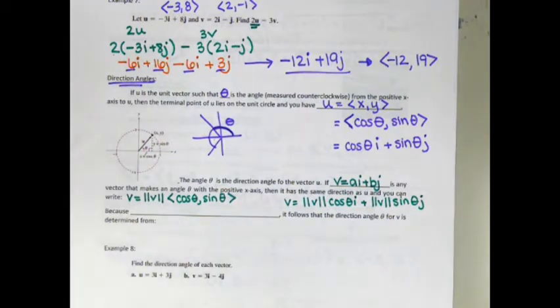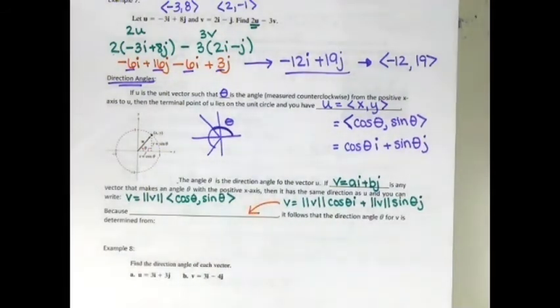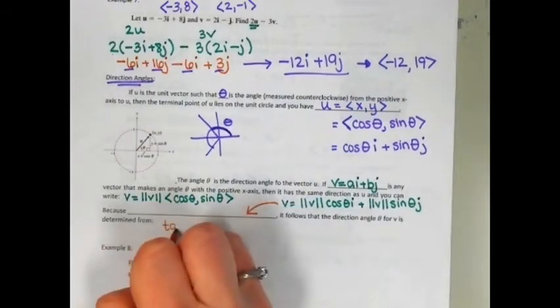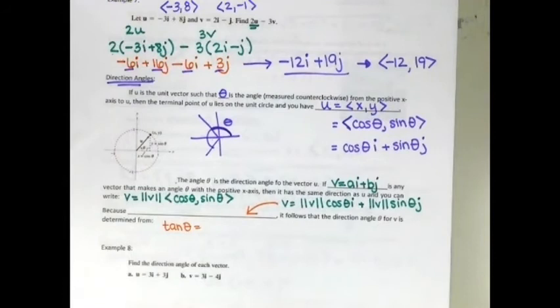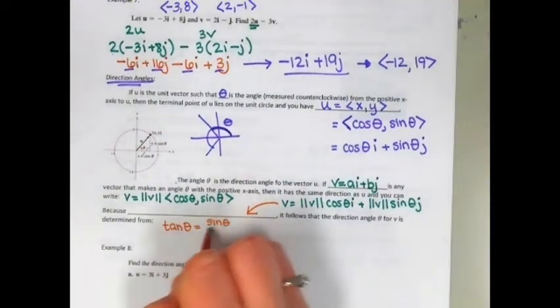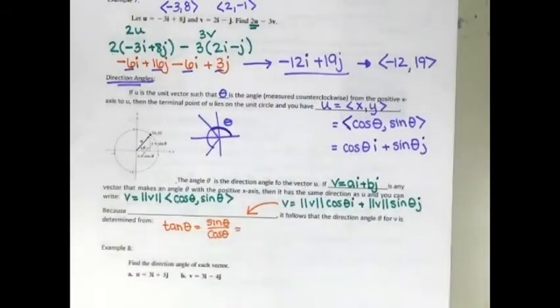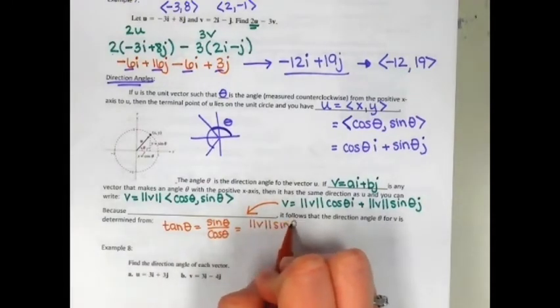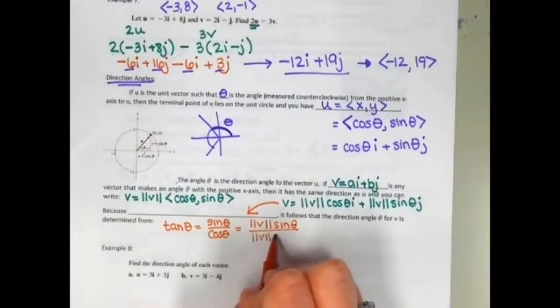Because of this, the direction of theta for V can be found actually using just our tangent of theta. And how do we remember tangent? Isn't tangent sine of theta over cosine theta? Right? You guys okay with that? Which our sine of theta, isn't that the magnitude of V times the sine theta over the magnitude of V times the cosine theta?